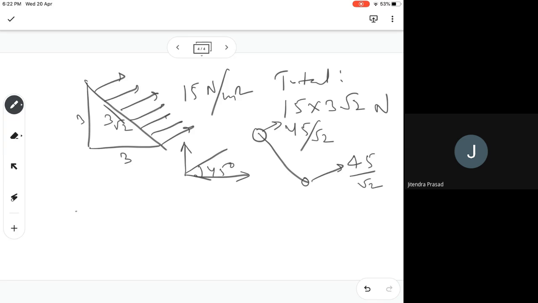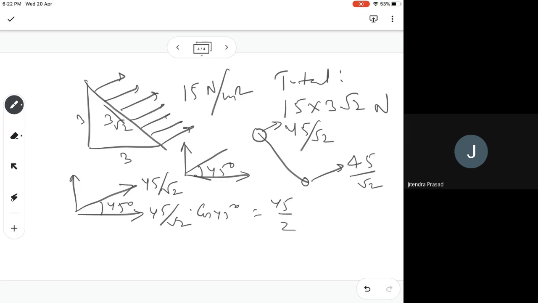If we have in this direction 45 over root 2, and this is 45 degrees, we multiply by cos 45 degrees, which is equal to 1 over root 2. So what do you get? You get 45 over 2. Similarly, you get 45 over 2 here as well.